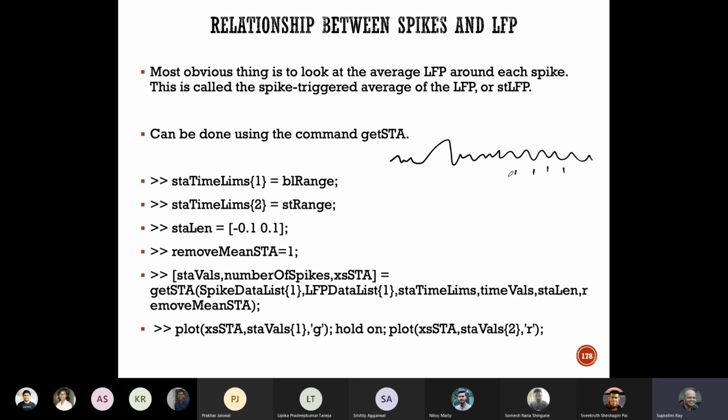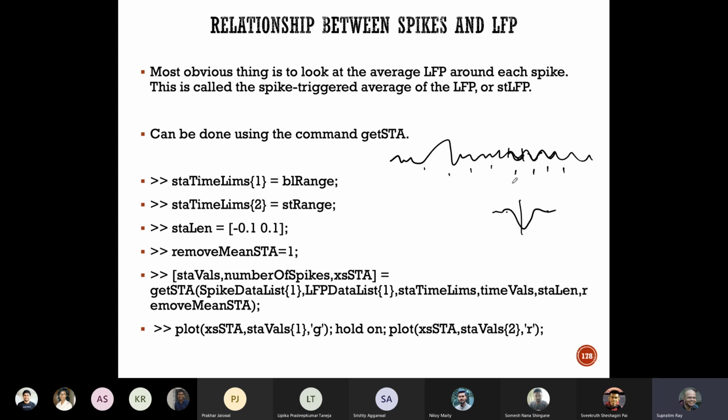If you take these segments around a spike, this segment here, this segment here, that segment there, and just look at the average of that, you will see a dip like this. But if they're occurring at random phases around the LFP, then you won't see anything.